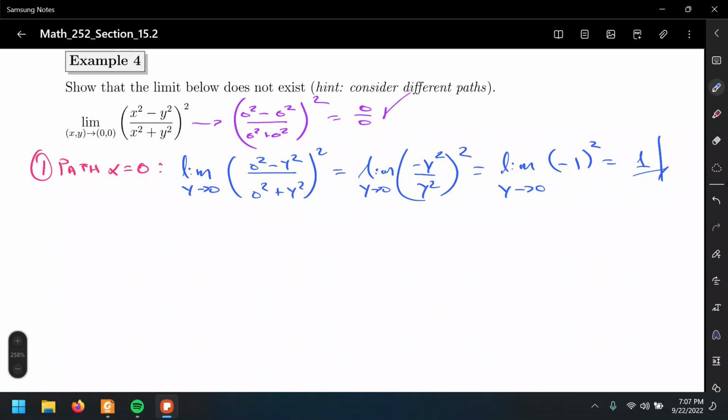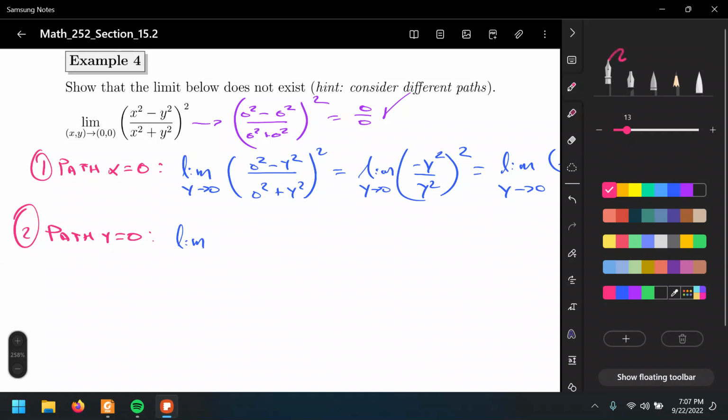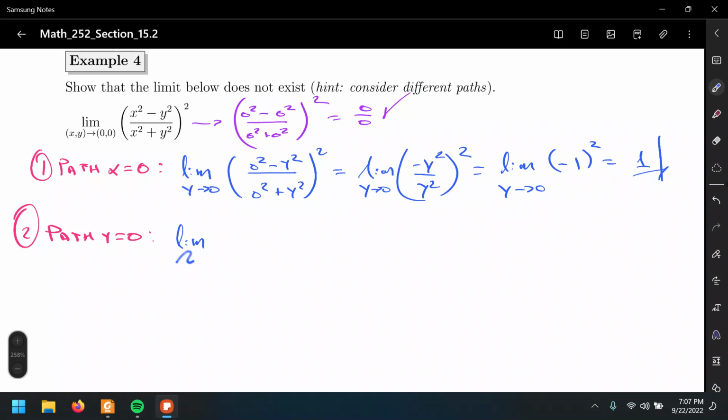Let's see what happens for the second path, whenever the path is y equals 0. When we set y equal to 0, our limit becomes another single variable limit, but this time in terms of x.